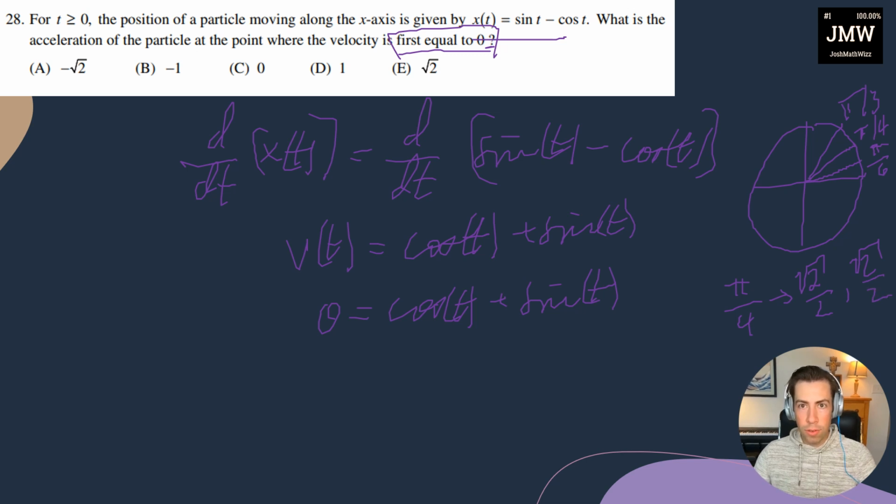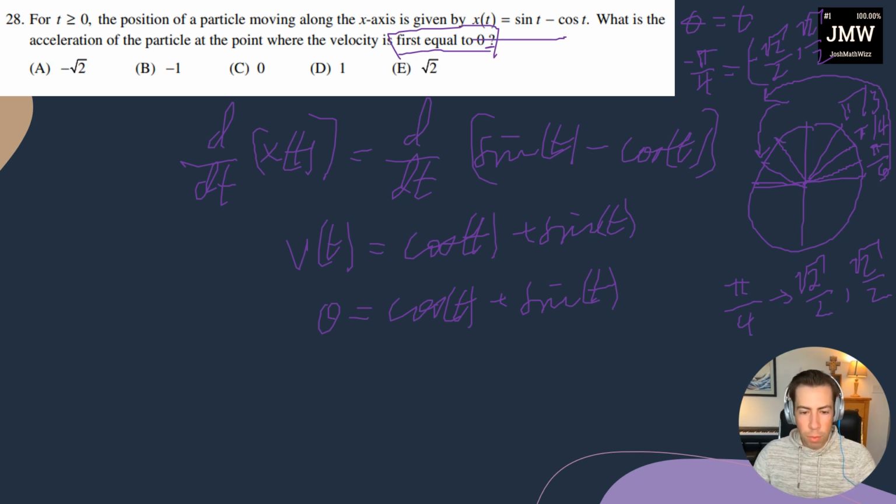Now, if I go over to this side and look at this one right here, again, I'll say that theta is equal to t, because as time goes on, we're going around this unit circle. So whenever t equals negative pi over 4, and it's on this side, I'm going to have a negative root 2 over 2, and then a positive root 2 over 2.